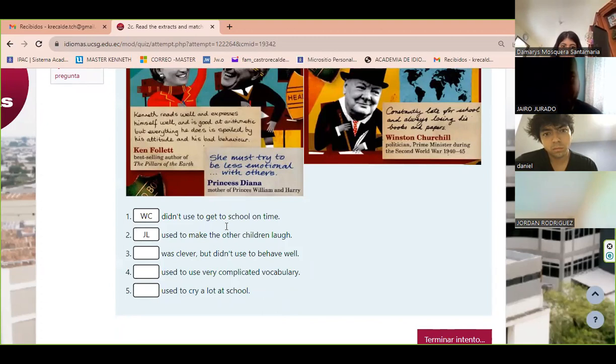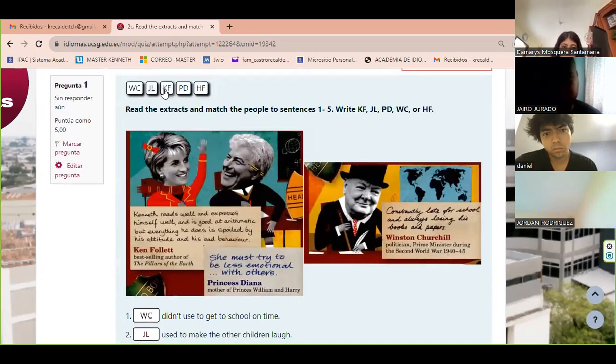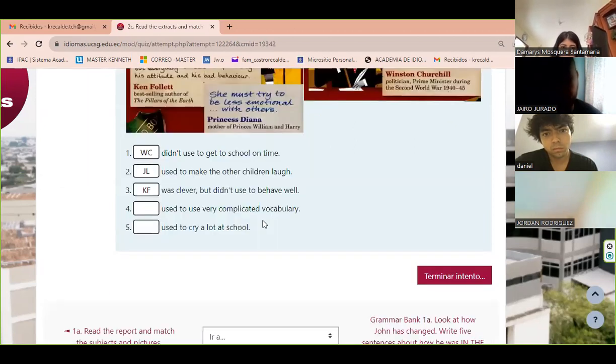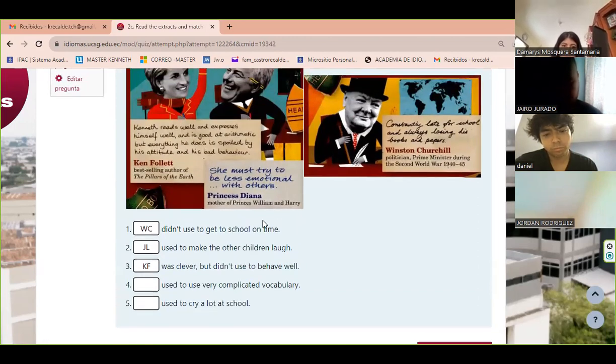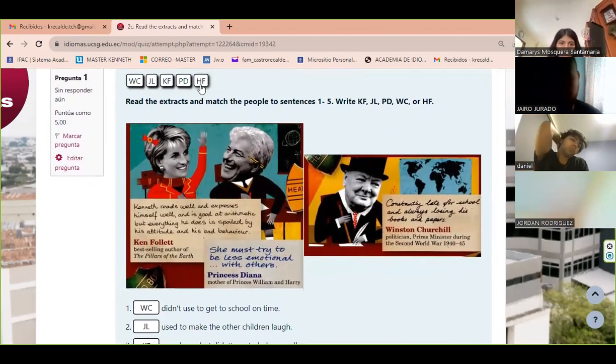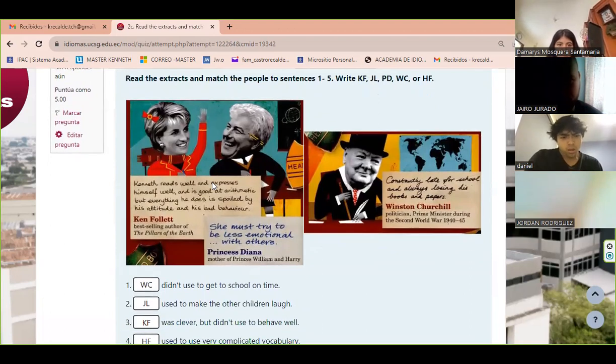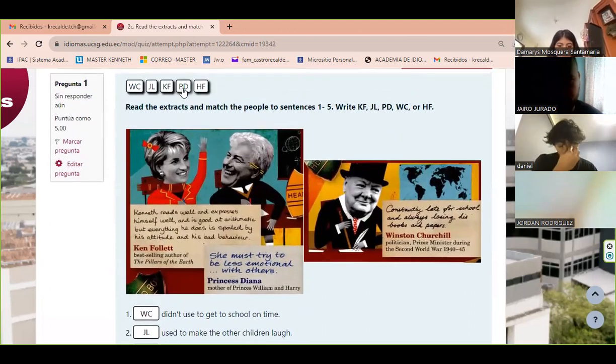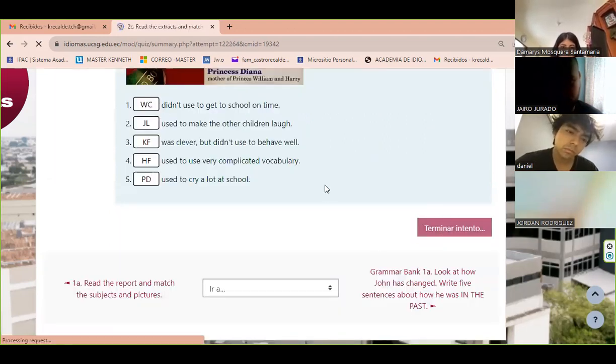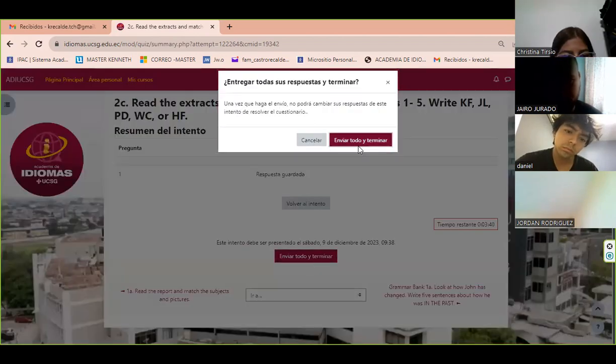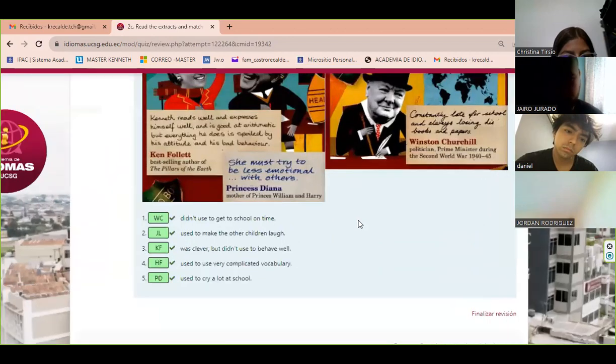Was clever, was intelligent, but didn't used to behave well. Ken Follett. Yes, Kenneth Follett. Okay, mi tocayo. Used to use very complicated vocabulary. That was Helen Fielding, the writer. And used to cry a lot at school. Princess Diana. Okay, let's check. This is perfect.